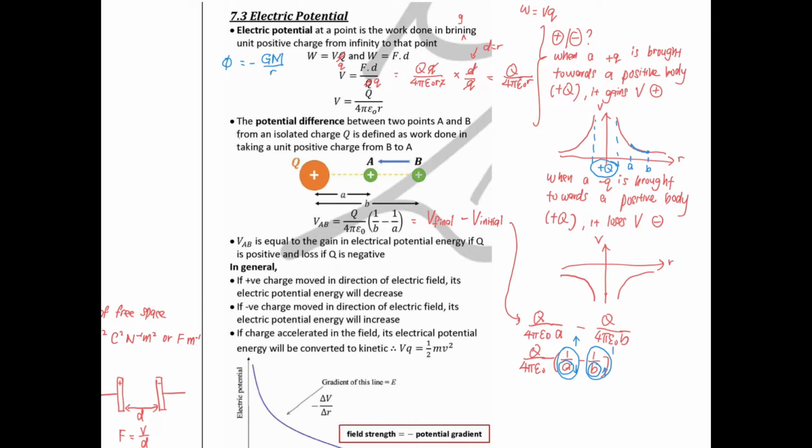So we have a bigger value, 1 over A, minus a smaller value. So you get a positive answer that fulfills the statement here saying that it gains in electric potential. It fulfills the graph also, it gains in electric potential.